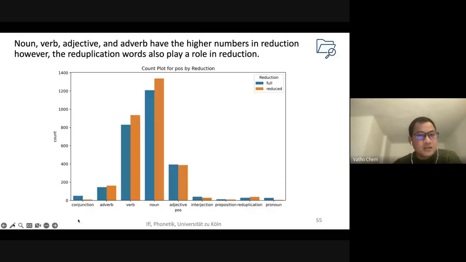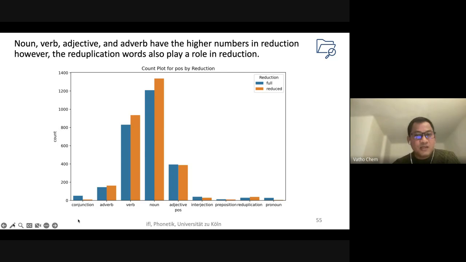exploratory data analysis. So now, as you can see here, nouns and verbs play an important role in reduction based on word frequency. The red one on my computer screen is the reduction form, and the blue one is the full form or the standard form.